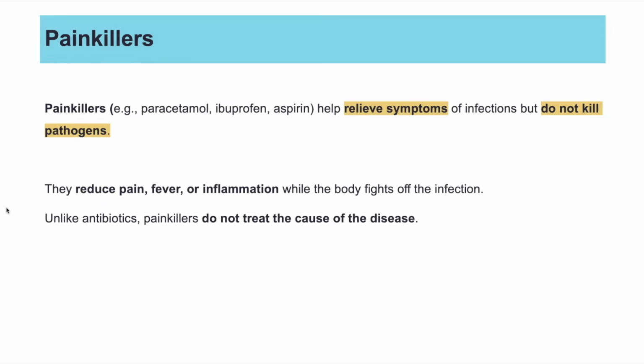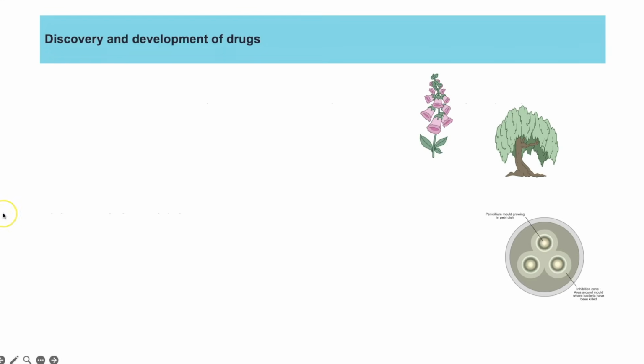They kill pain. So not only can they reduce pain, but some painkillers also bring down a temperature. So if you've got a fever, some of them also reduce swelling, so inflammation in the body. Unlike antibiotics, though, as we said, painkillers do not treat the cause of the disease.